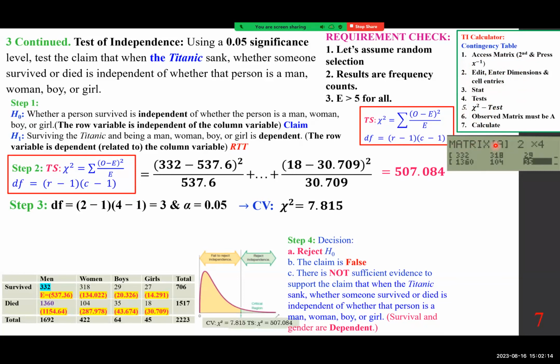Matrix A, and we make it 2 by 4, and we put these numbers 332, 318, 29, 27 here. And the second row, 1360, 104, 35, and that doesn't show the last entry. So all you have to do is plug in matrix A.